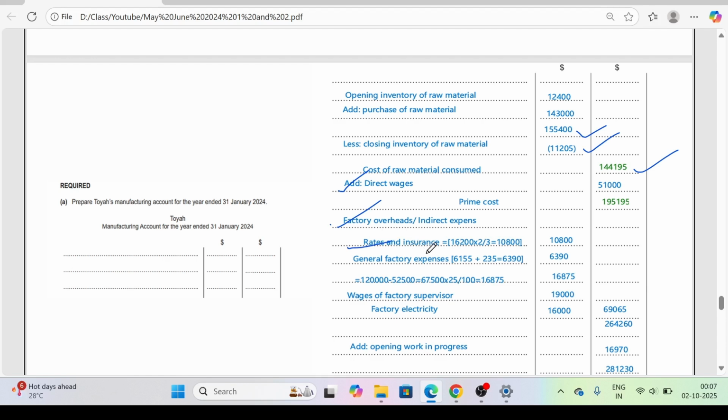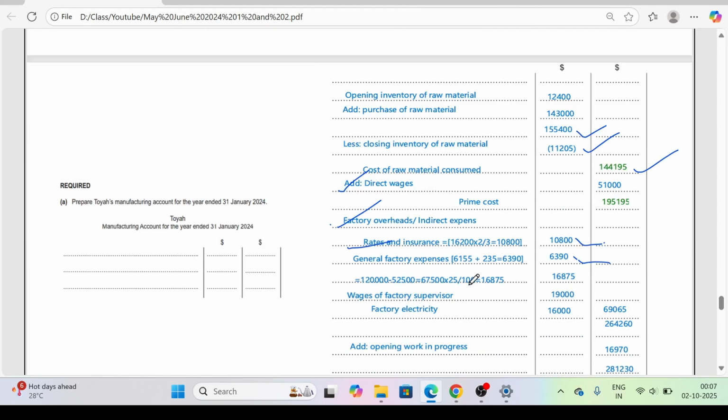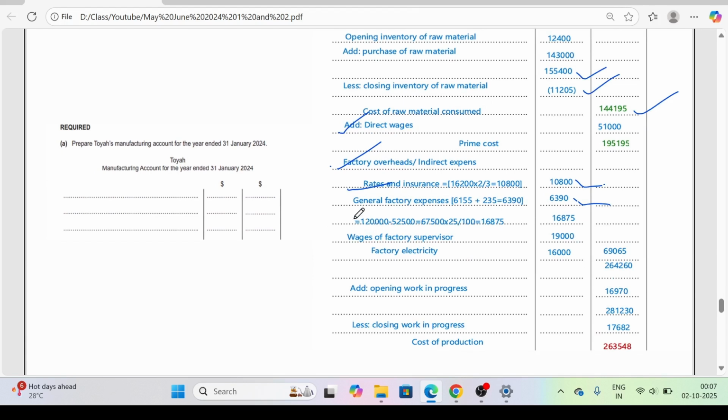Okay. So rates and insurance we already did. 10,800 we have to record over there. Then factory expenses also we did, the workings, 6,390. Then depreciation we already calculated. Factory machinery depreciation, that one we have to record here, 16,875.